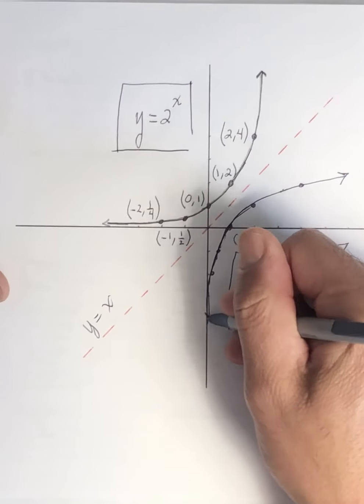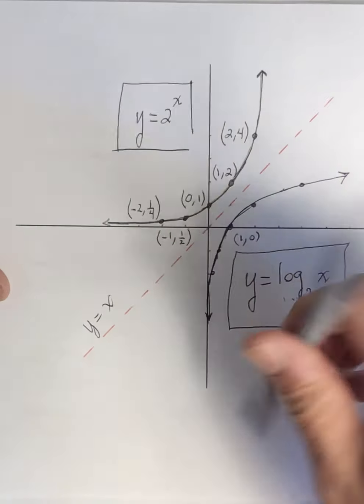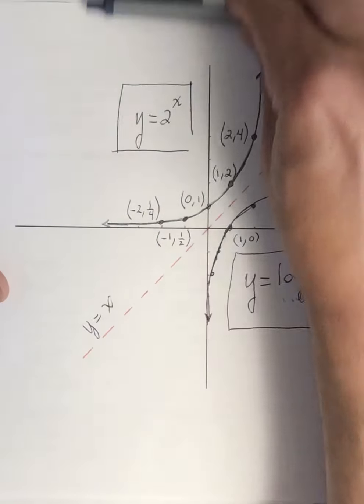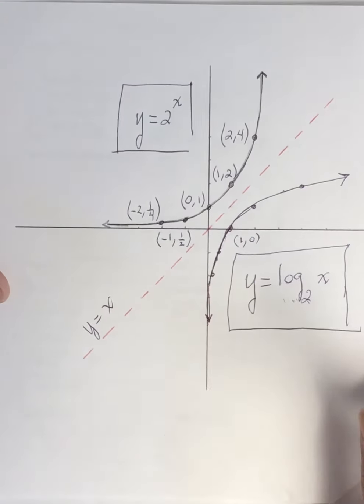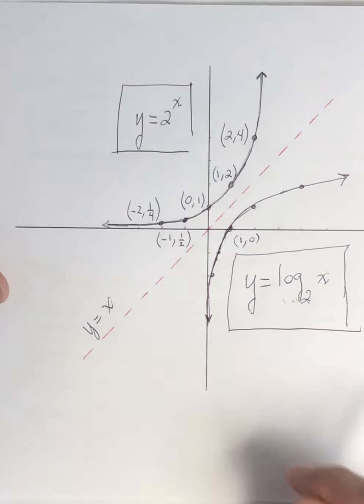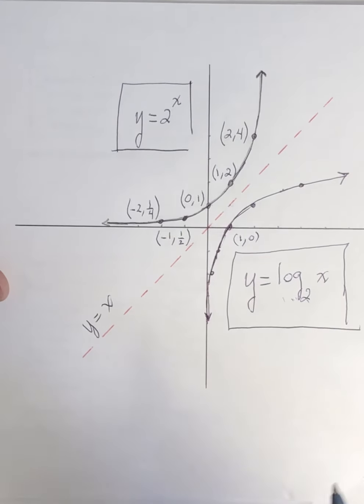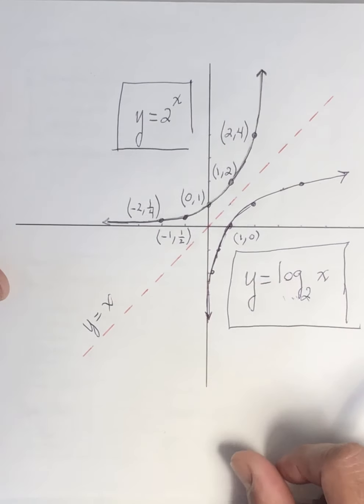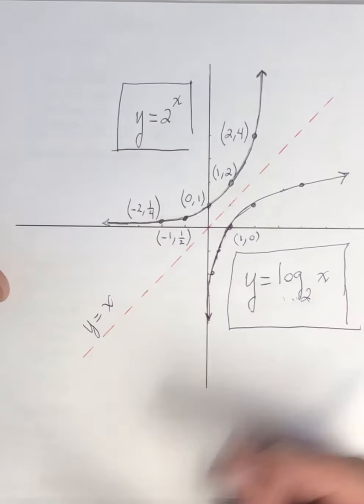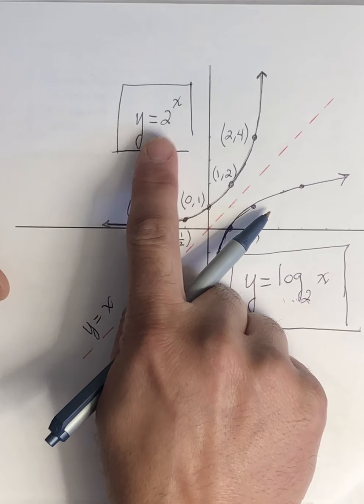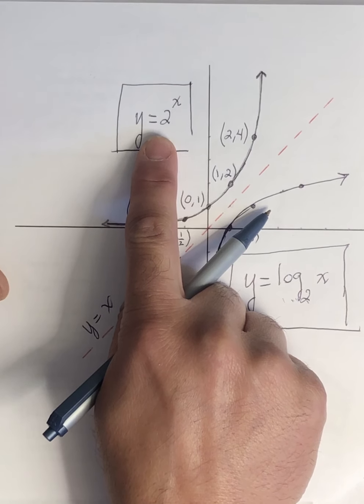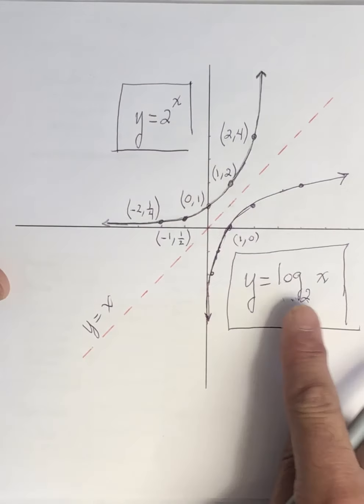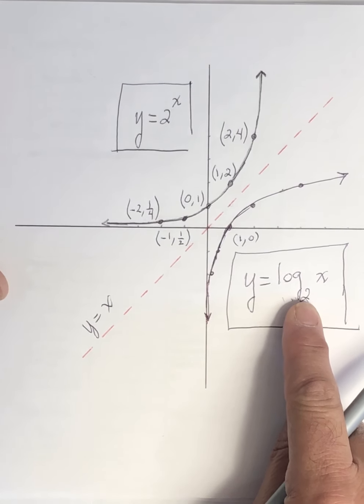But at the same time, you can see that this curve vertically covers all of the y-axis, so the range is the set of all real numbers. That goes in line with the idea that x and y get switched. Remember, the domain of the exponential function was all reals. Now the range of the logarithmic function is all reals.